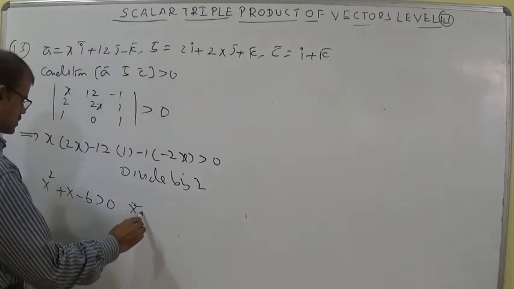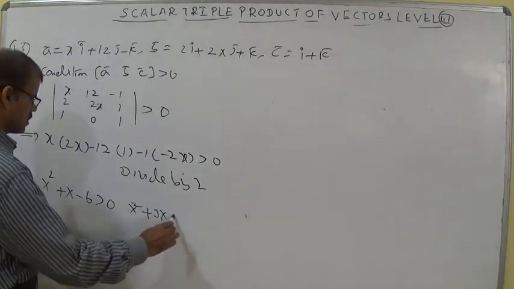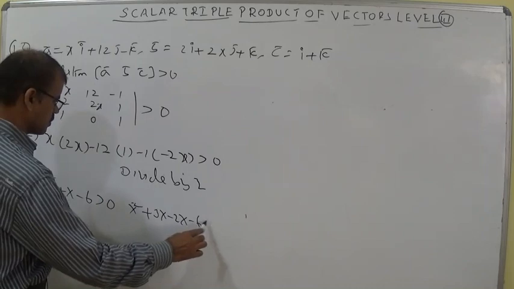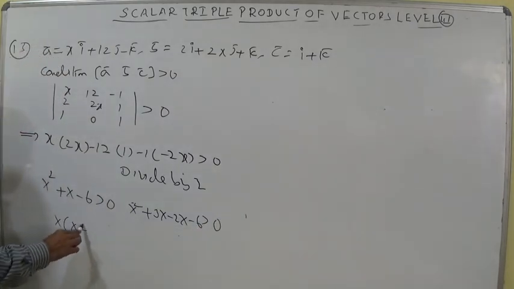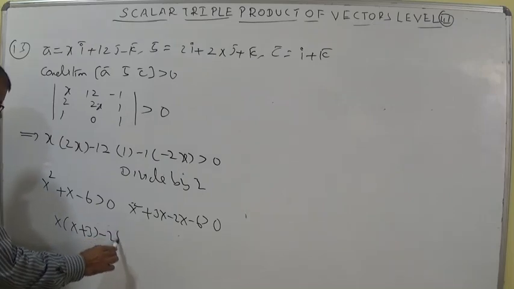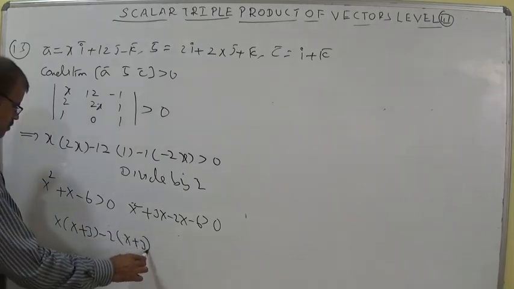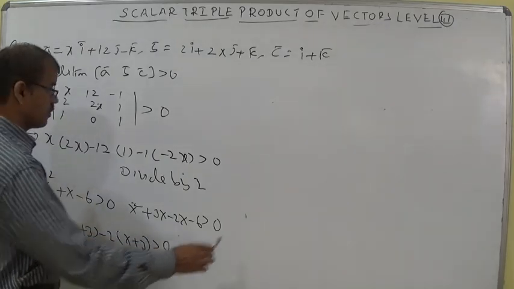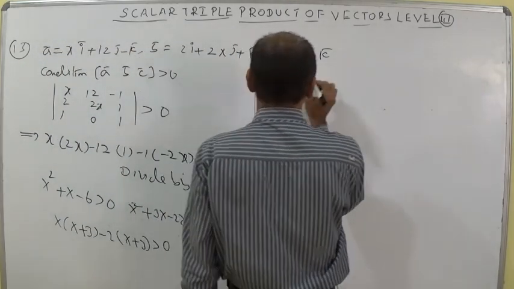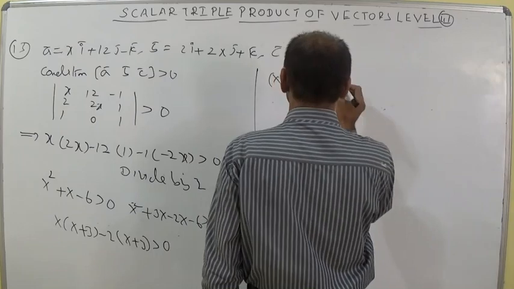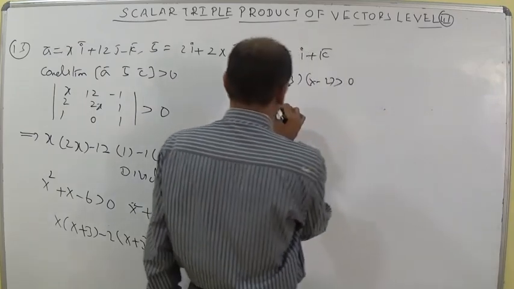Next, x square plus 3x minus 2x minus 6 greater than 0. Taking x common, it becomes x plus 3; taking minus 2 common, it becomes x plus 3, greater than 0. So x plus 3 into x minus 2 greater than 0.